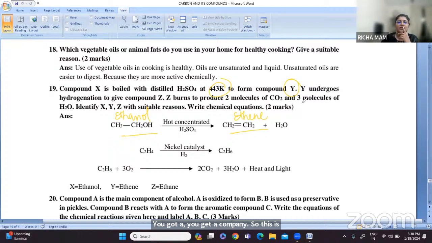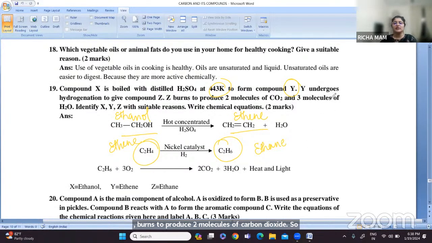Now Y, this ethene, undergoes hydrogenation to give compound Z. What is Z? It forms ethane. This ethane burns to produce two molecules of carbon dioxide.